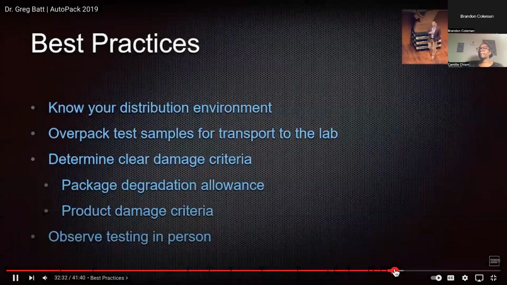I just want to leave you with a few best practices. I can't stress enough the importance of understanding your distribution environment, to understand all the steps that happen between that A and B and maybe C, to firsthand watch these things happen. There are a lot of things we take for granted, that we think, hey, a truck took this away, certainly this is being handled only by truck.